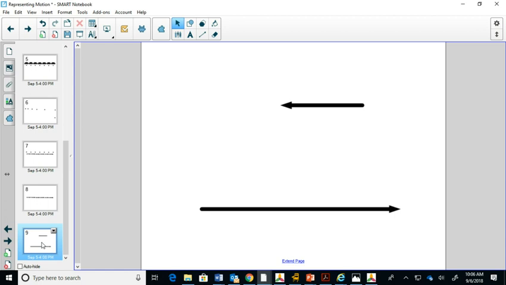And this arrow is representing Lucas running. And this arrow is representing Jason running. What can you tell me about their runningness? Give me some hands. What do you think? I want you to think about it. Got 2 hands. What can you tell me? 3? What can you tell me about this motion based upon just these arrows?